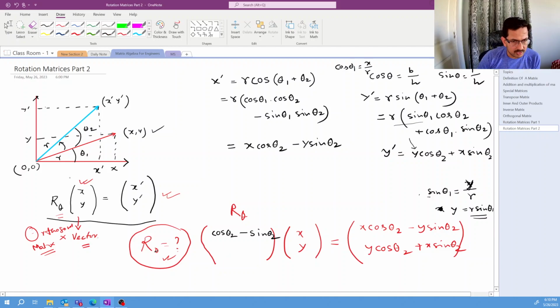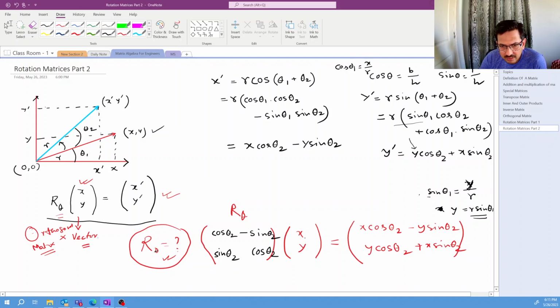So the second point is basically my sine theta 2, because if you multiply, okay, let me first write it down, then I'll show you why it is like this. So theta 2, and this will be theta 2. Okay, so for the first line, if you multiply, let's see whether it's matching or not. X cos theta 2 minus y sine theta 2, matching.